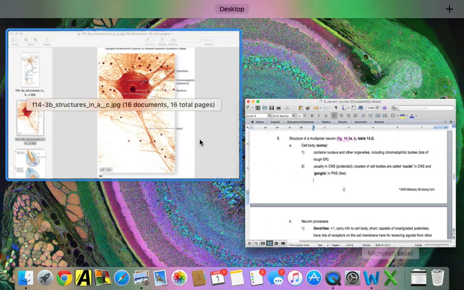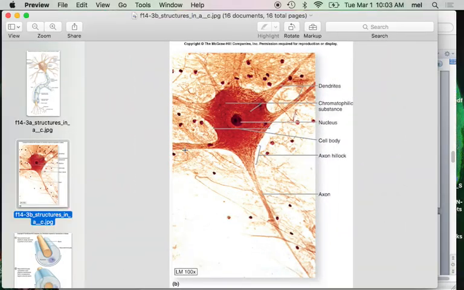So the cell body is going to have some processes sticking off of it, and we already learned these. The dendrites are the shorter and more abundant of the two, and the axon is the longer, although I mentioned this to you last time. On a histology slide, I do not think it's really possible for you to tell axons from dendrites.